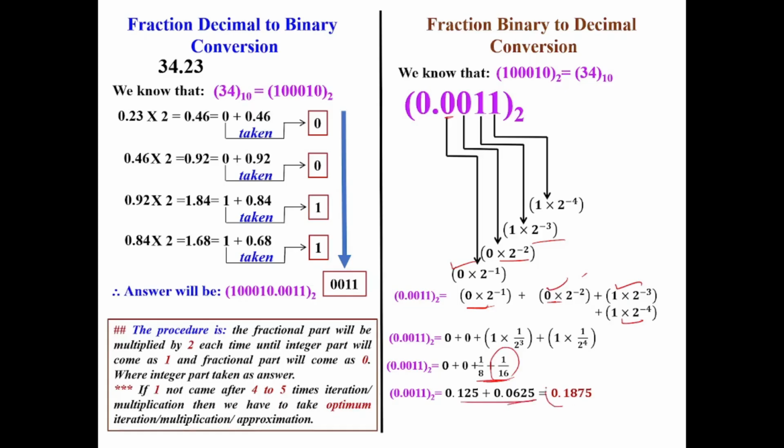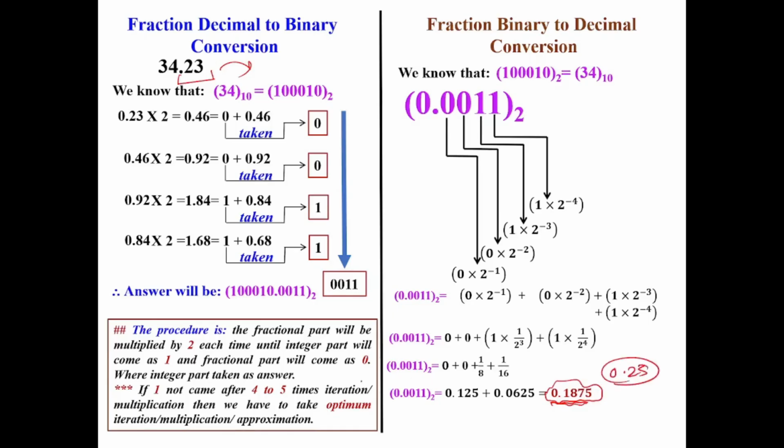So finally we got 0.1875. It can be approximated as 0.19, but it is not equal to 0.23. It is very far from this value 0.23. That means the binary number we approximated for 0.23 is not nearby 0.23.